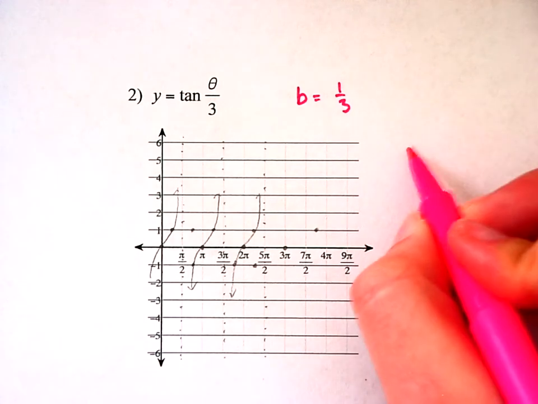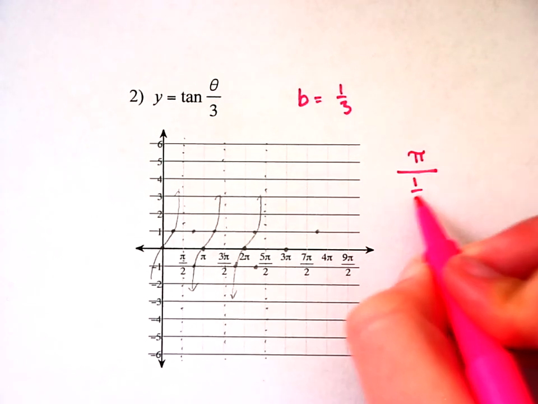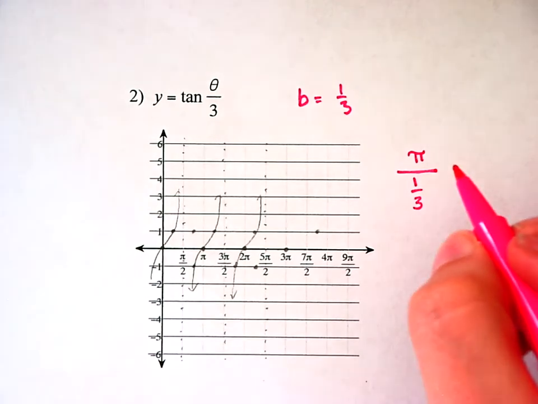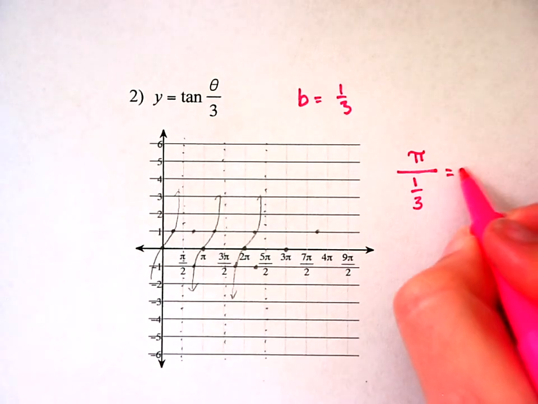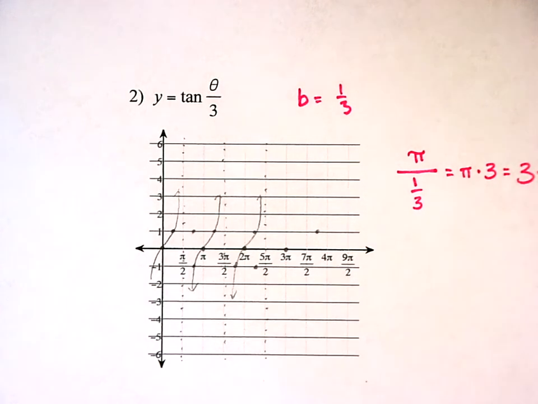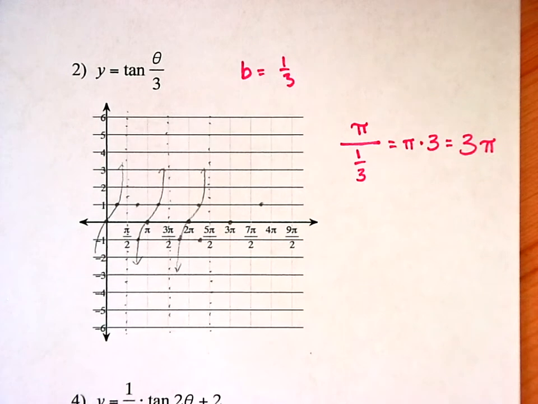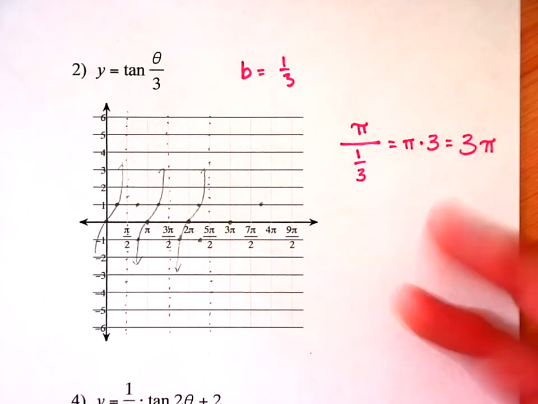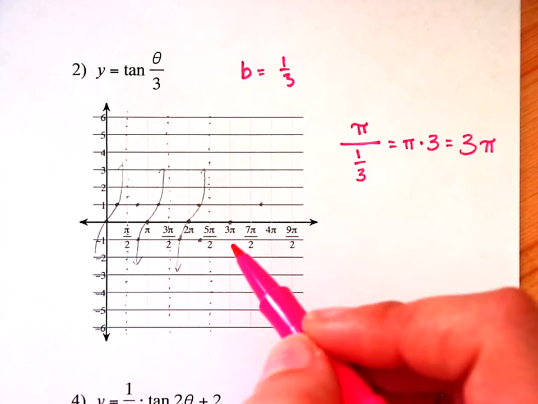So our old period for tangent is pi, and we're going to divide by 1/3. Now if I do that, remember, if you divide by a fraction, you're really multiplying by the reciprocal. So this is pi times 3, which is 3 pi. What this means is our period used to be pi long, and now it's 3 pi long. What that really means is that we're multiplying all our x values by 3.